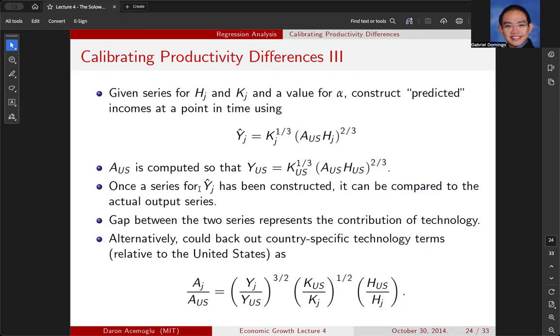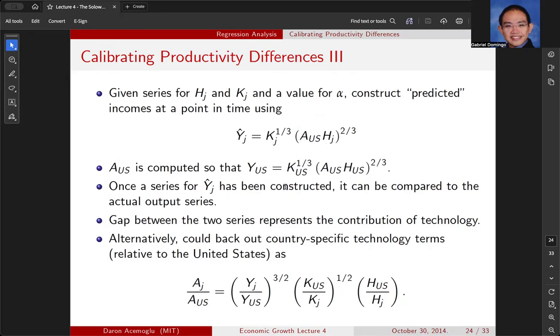So once you've constructed this y hat j, it can be compared to the actual yj. The important thing here, guys, is if y hat j, which again uses the US technology, exceeds the actual GDP of J, then what does that mean? That means that using the US technology will give these other countries, countries J, a higher real GDP, which implies that country J's actual TFP is much lower than the US TFP.